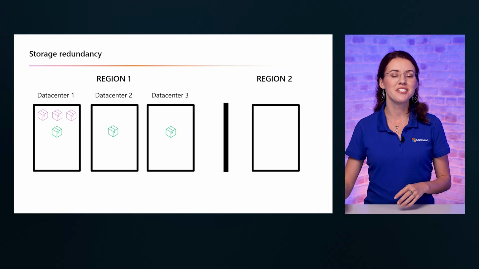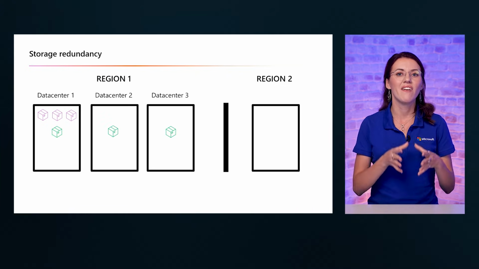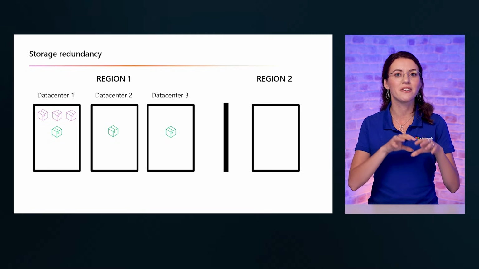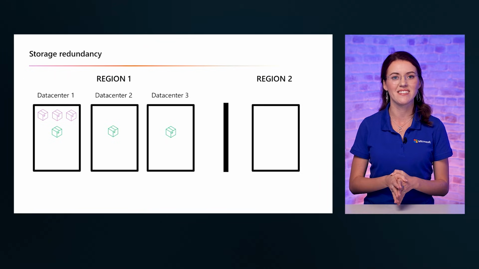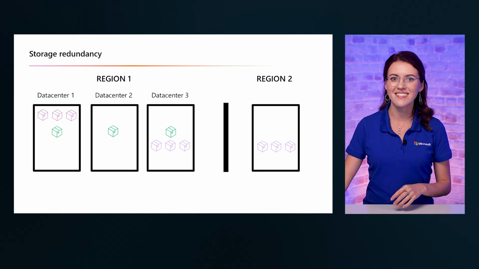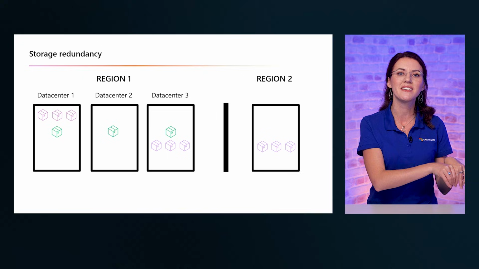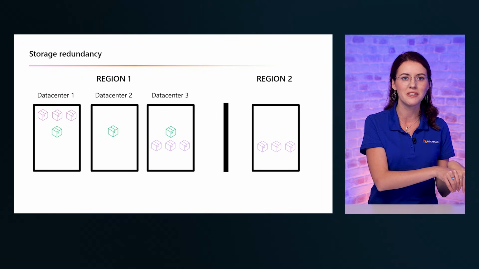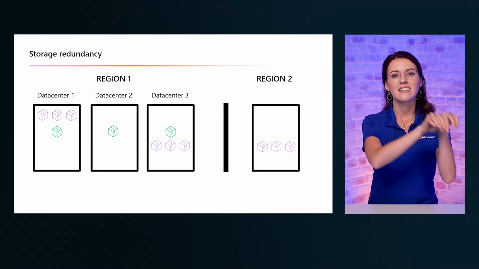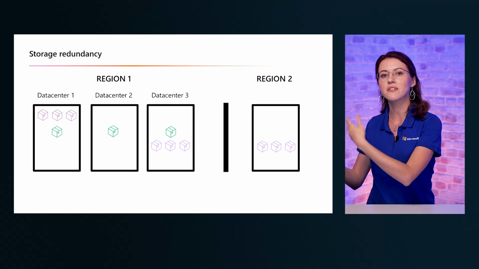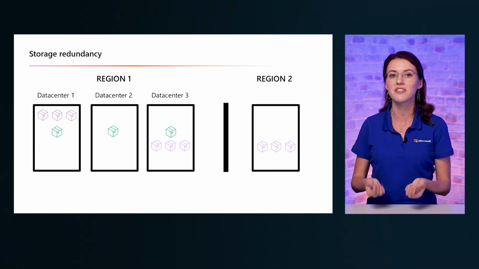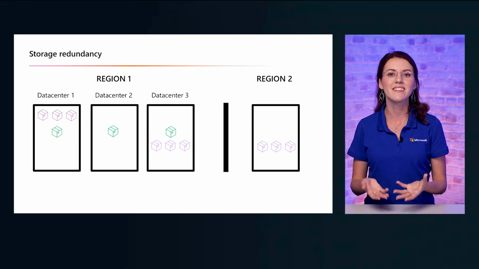Zone redundant storage replicates data within a single region across different data centers. And geo-redundant storage replicates data 3 times within a single physical location in the primary region using LRS. Then the data is asynchronously copied to an additional physical location in a secondary region.